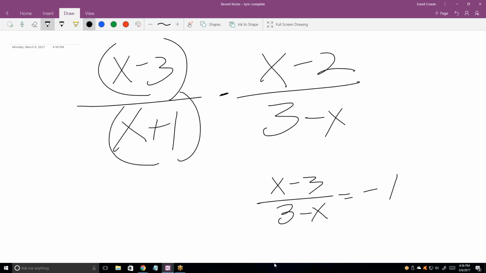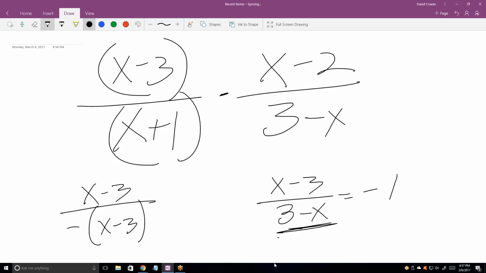That's the only thing you ever need to look for. In other words, if they're not identical, you're done. But occasionally, even though they're not identical, you can still cancel it. Notice why x minus 3 over 3 minus x, that's the same as x minus 3 over minus x minus 3. Notice that minus x minus 3 is the same as 3 minus x.